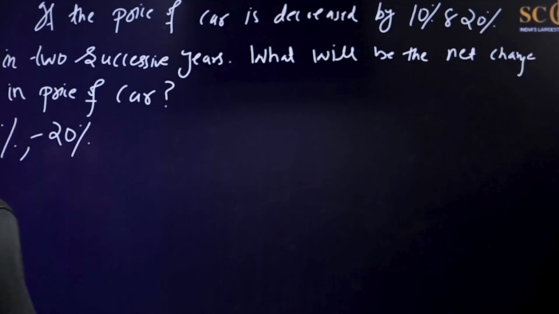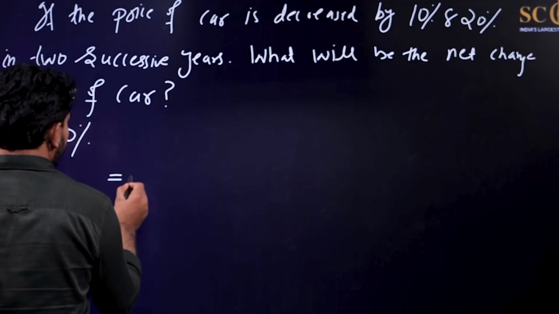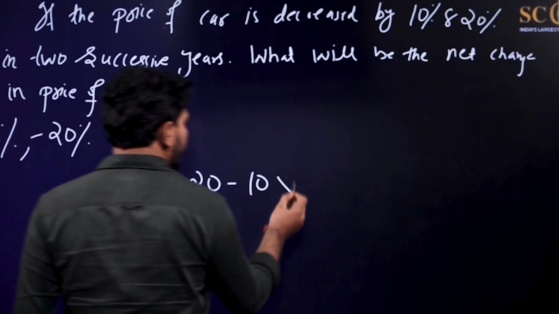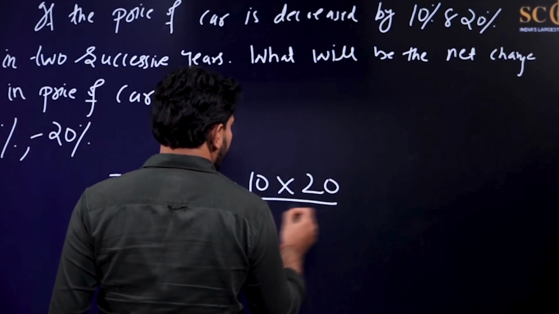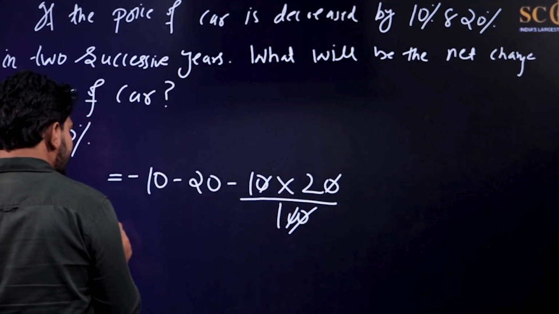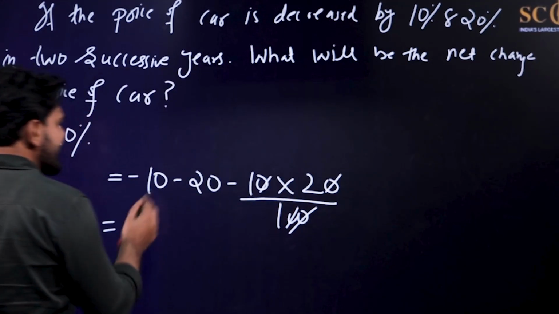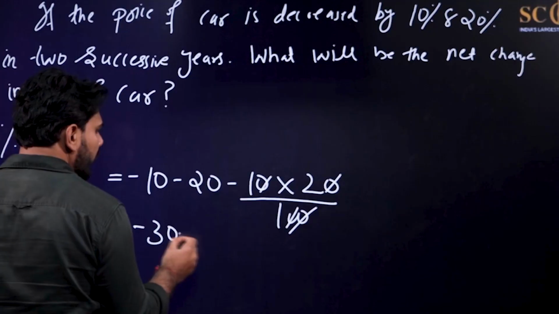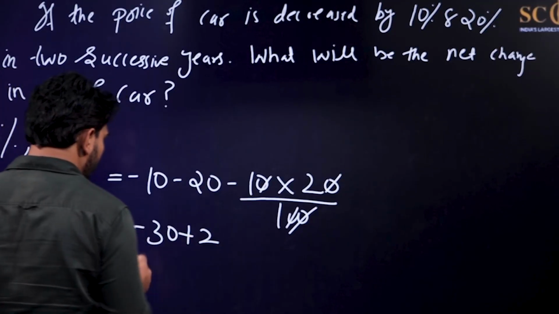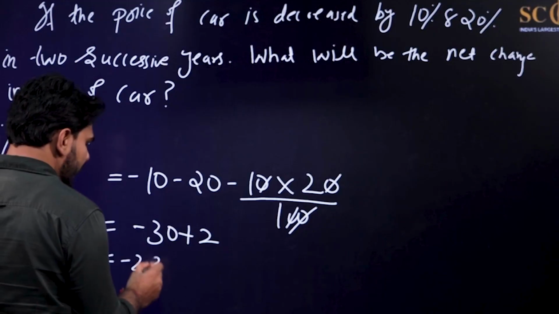The net change will be minus 10 minus 20 minus 10 into 20 by 100. You just cancel both of these zeros. Minus 10 minus 20 is minus 30, plus what will you get? Minus 30 plus 2. So your final answer will be minus 28.